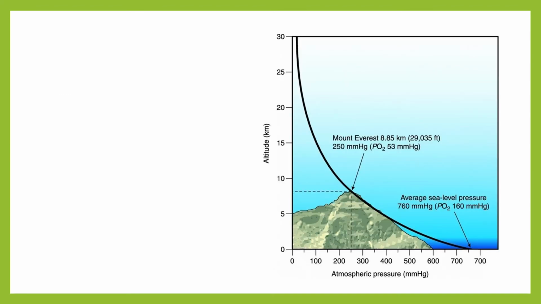To summarize, here's a picture on a graph. Here's Mount Everest, 29,000 feet. Very simply, high altitude means a low diffusion gradient. The higher we go, the lower the diffusion gradient is.